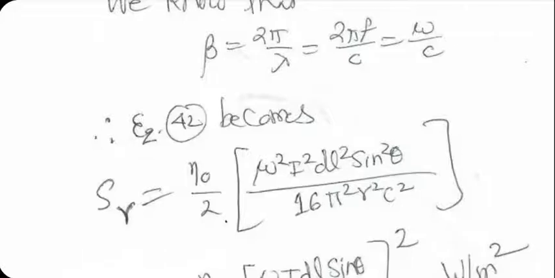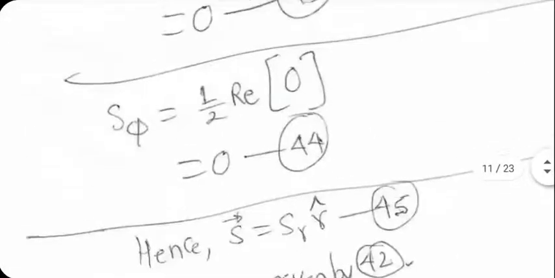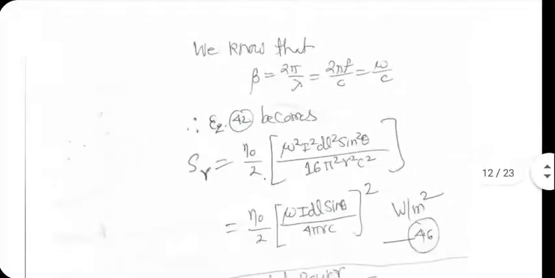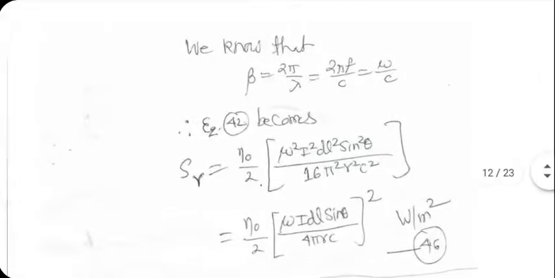Now, I think I will not go too far anymore, but at least I'll give you an idea of what is to follow. Your objective is to calculate the total radiated power. And by the way, before we even go there, let's look at what are the factors that are governing the power density produced by the antenna. Omega is 2 pi f, 2 pi is constant, so frequency square is involved in power density. Current square is involved. Length square is involved.